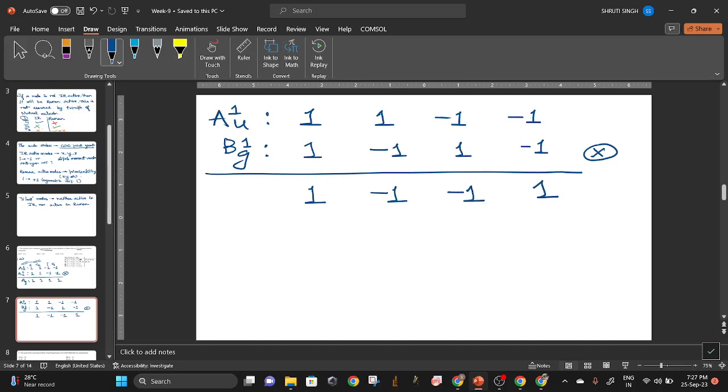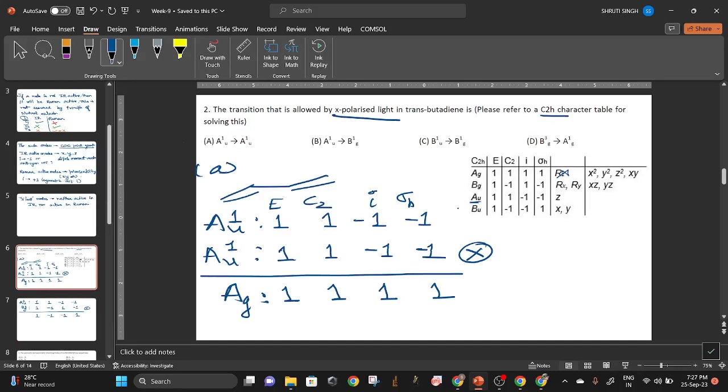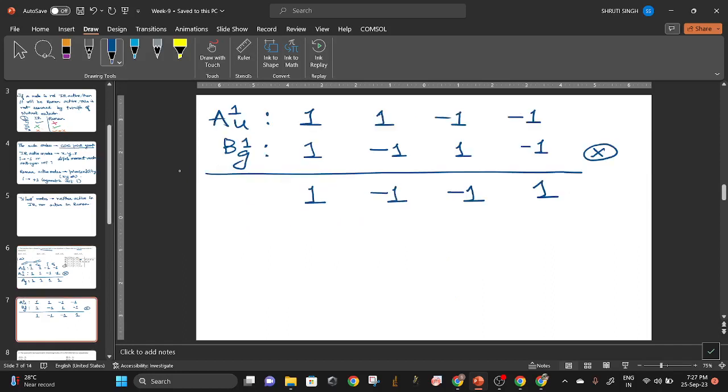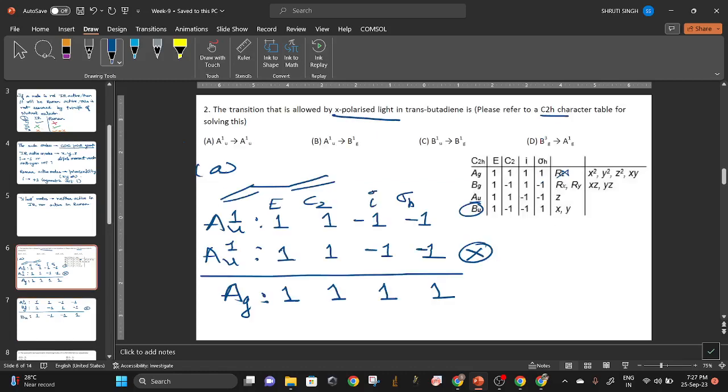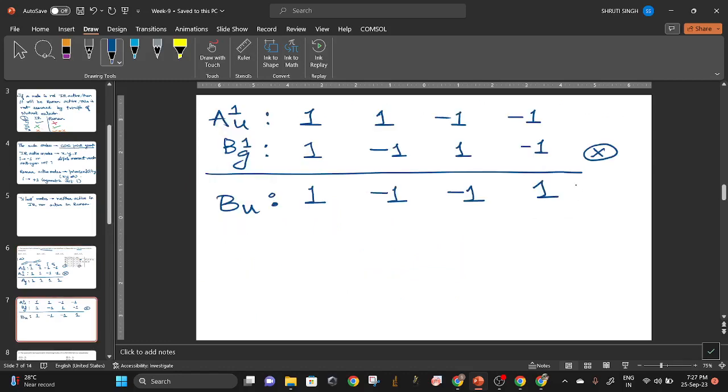Now this is Bu. So we got 1, -1, -1, 1. These characters are present in the normal mode Bu, and Bu contains the X basis. So this transition is the correct transition.